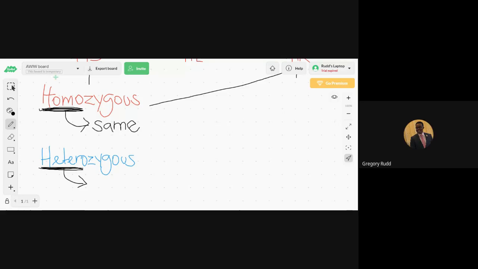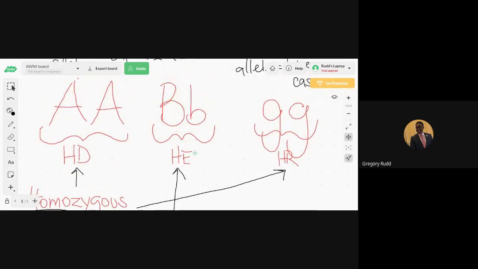Different. Excellent. Hetero means different. So in this case, we've got different sized letters. We've got a capital letter and a lowercase letter. So that means it has to be heterozygous because hetero means different.